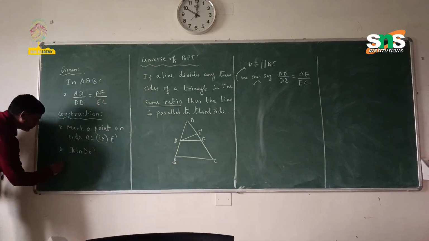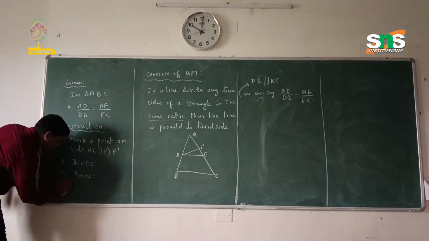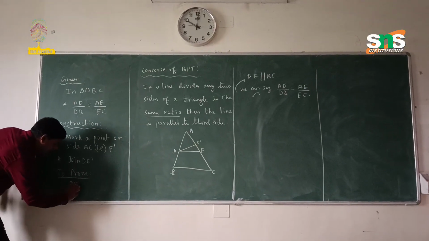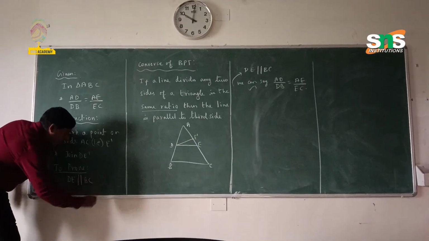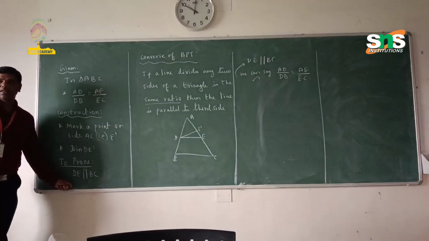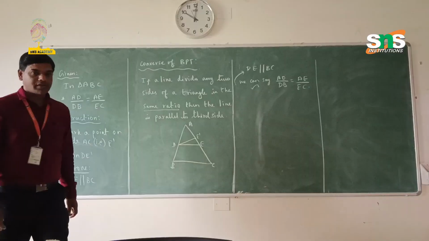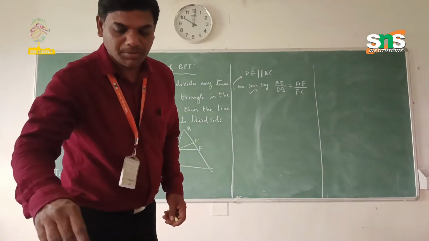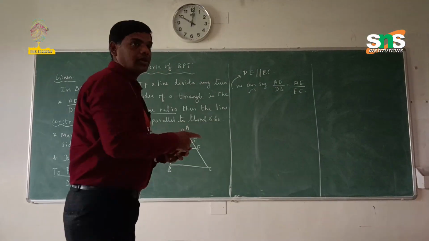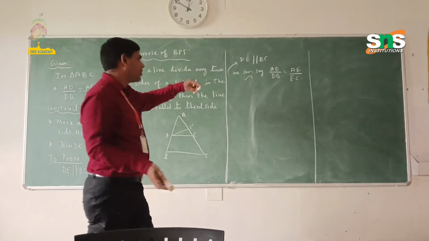And then, what we have to prove is that DE is parallel to BC. Understand? We have to prove DE is parallel to BC. So you understood the difference between BPT and converse of BPT.